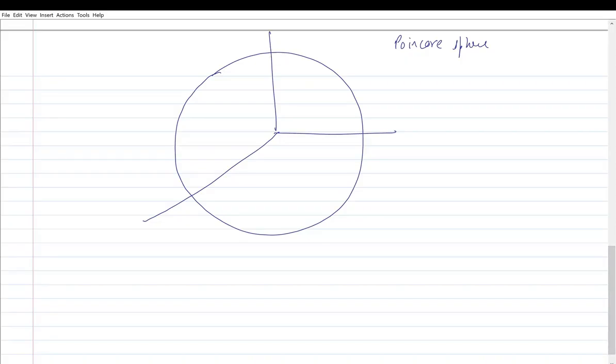So this is the right circularly polarized light, and what we have here, the orthogonal state to it, is the left circularly polarized light.